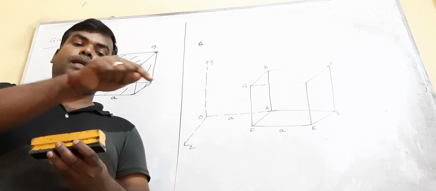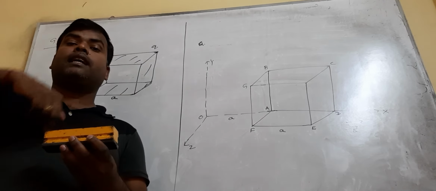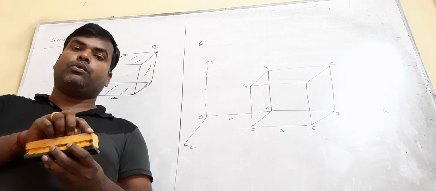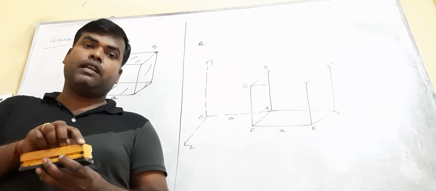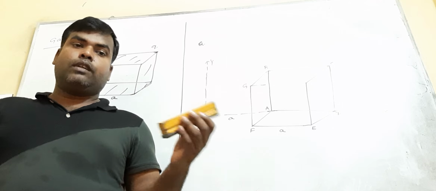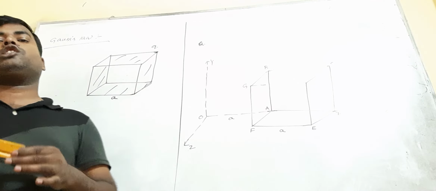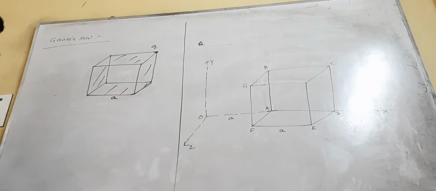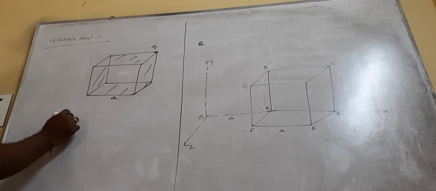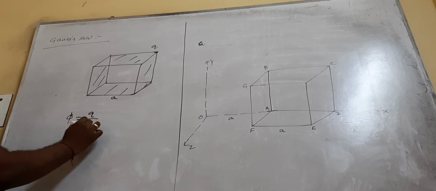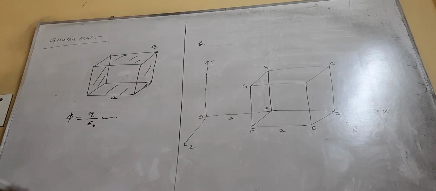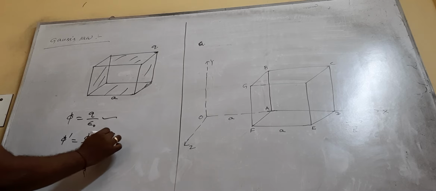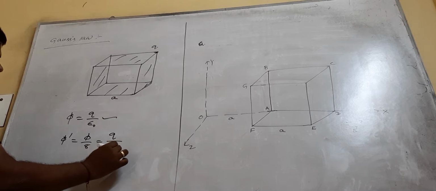So this charge q at the corner of one cube is enclosed by 8 such cubes. Through 8 cubes, the electric flux is phi equal to q by epsilon 0. So through one cube, phi dash is phi by 8, that is equal to q by 8 epsilon 0.